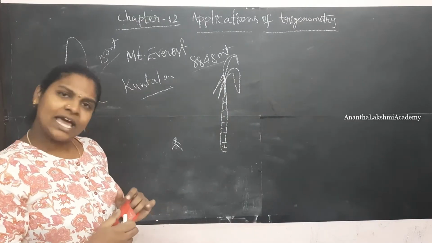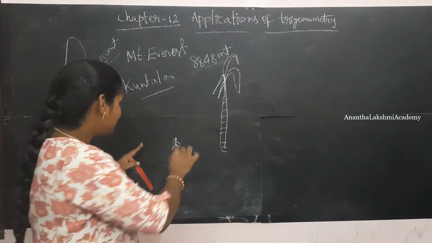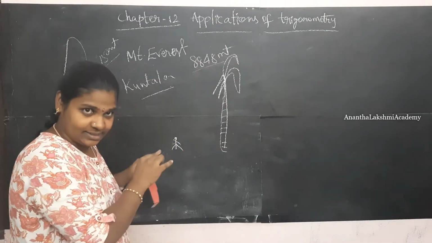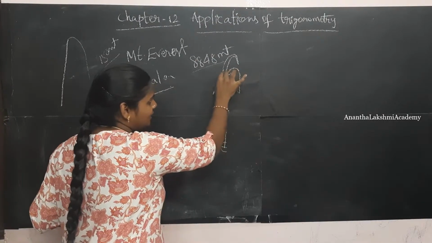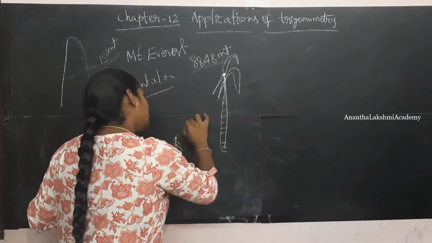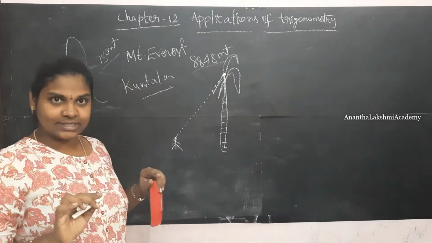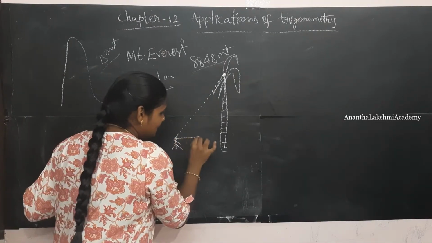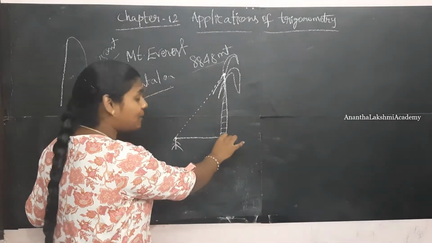So let me help Vijaya figure out the length. Let me assume this is the point where Vijaya's eye is. From here she thinks this is the top of the palm tree, and she assumes a line joining these two points. And let me draw a straight horizontal line from her eye to the palm tree.